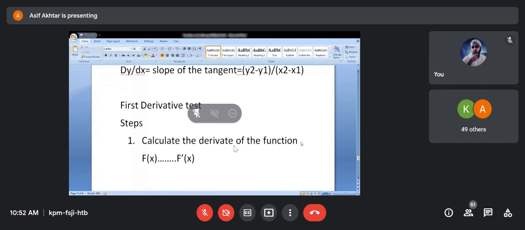You take the derivative of this function, f dash x. So you have the function f(x), and you are taking the first derivative, which is f dash x.